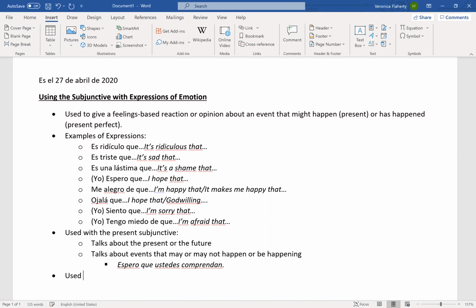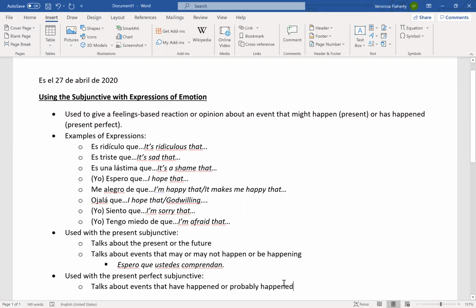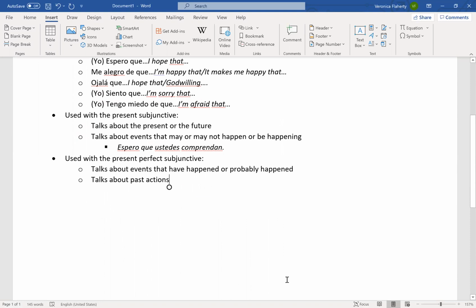When we use it with the present perfect subjunctive, it talks about events that have happened or probably happened, but in the past. Talks about past actions. So that have happened or that probably happened.